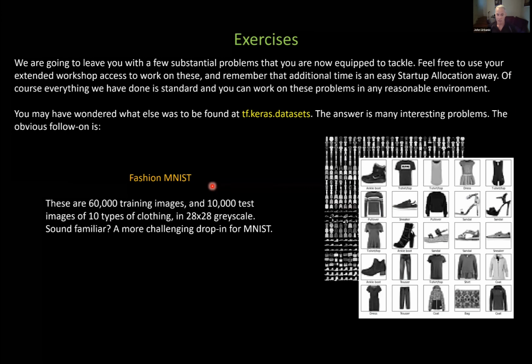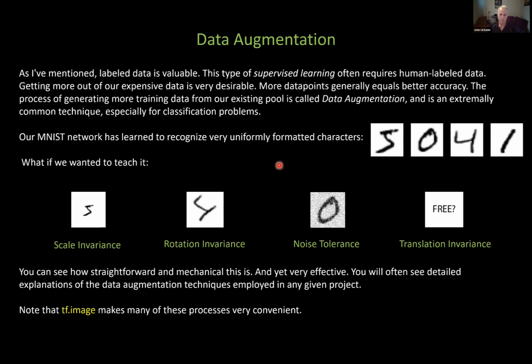If you want a more challenging problem, but one that's not too much of a leap, you could use the fashion data set, which is 60,000 training and 10,000 test images of 10 types of clothing. They're 28 by 28 grayscale images, right? So this is a very similar data set, only a little bit more challenging. We're trying to recognize clothing types. You can just grab this data set, plug it right into what we're doing, and go ahead and train and see how that works.